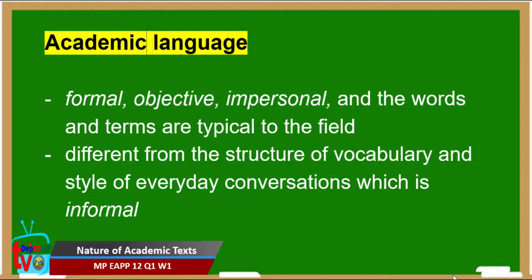The features of academic language ensure that ideas and arguments are communicated in a clear, convincing, and professional manner. In other words, the language used is for academic purposes or in relation to academic courses or subjects.